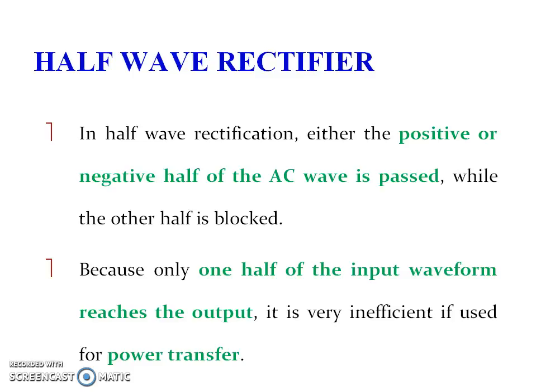That is, for the input that we are passing, the output what we get will be only the positive wave or only the negative half alone. Because only one half of the input waveform is reaching the output. And one of the disadvantages is it is very inefficient if used for power transfer, because we have only one side of the half cycles, either the positive or the negative.